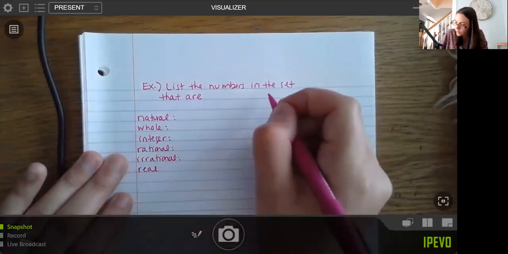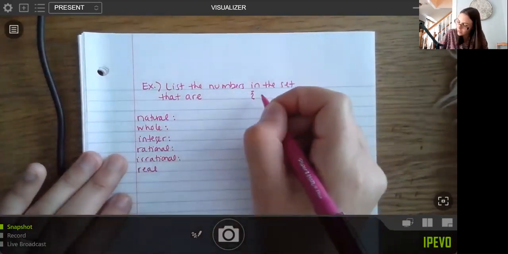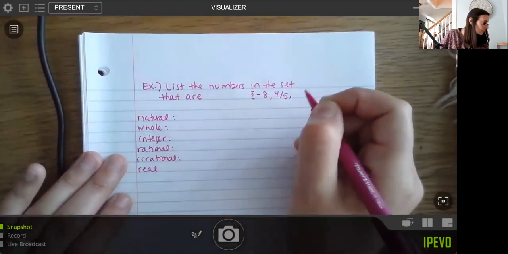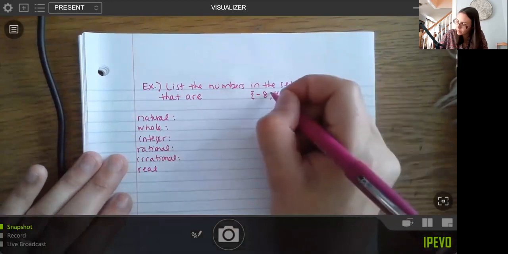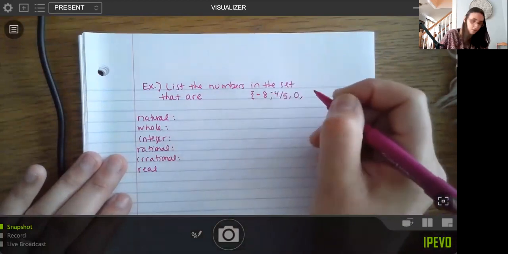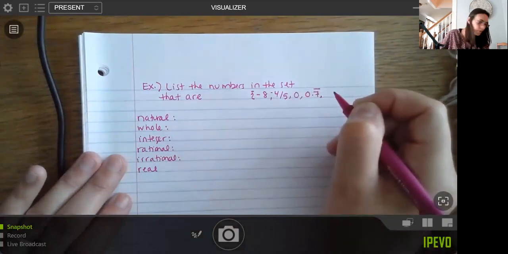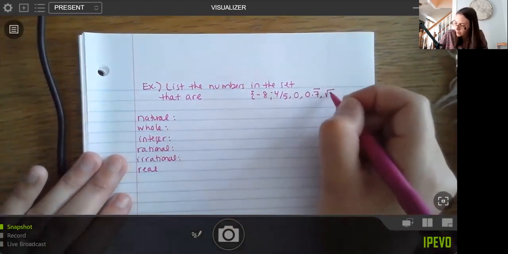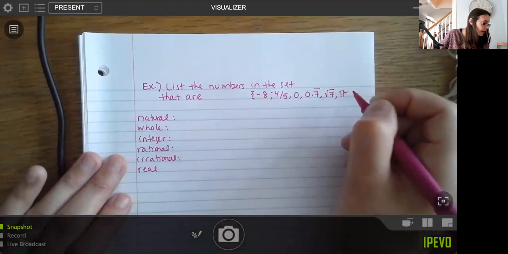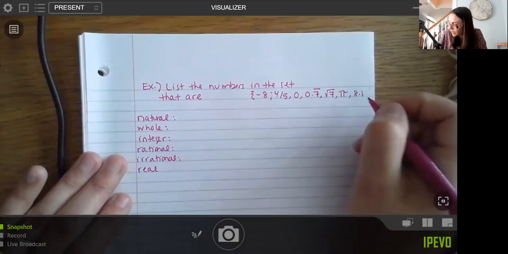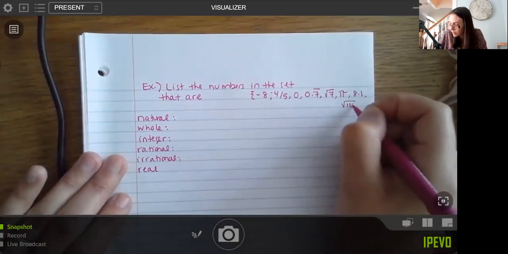And this is the set that we're going to use. So let's use the set -8, -4/5, 0, 0.7 repeated, square root of 7, pi, 8.1, and I'm running out of room. How about the square root of 100?